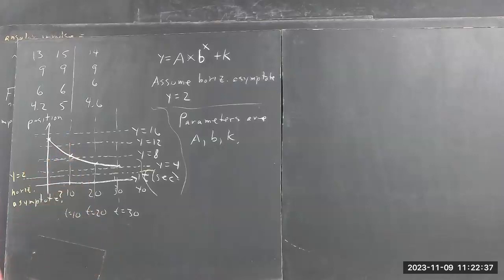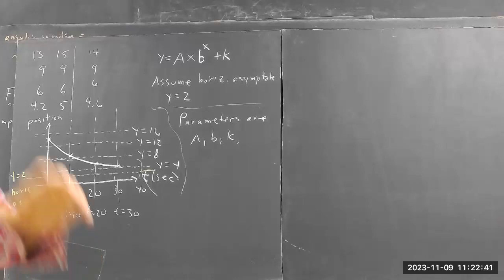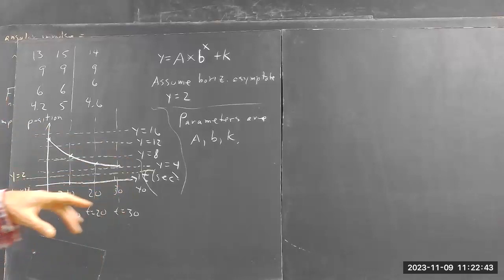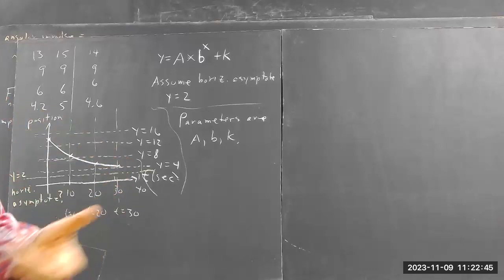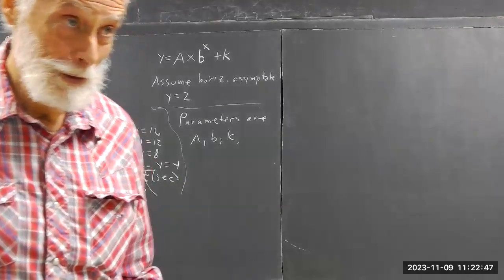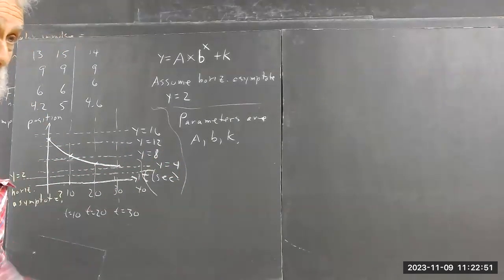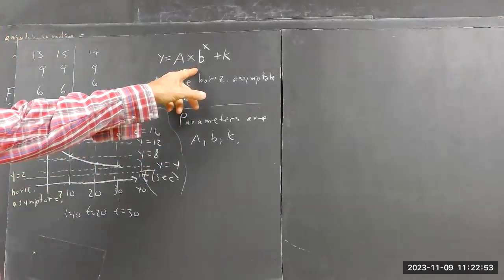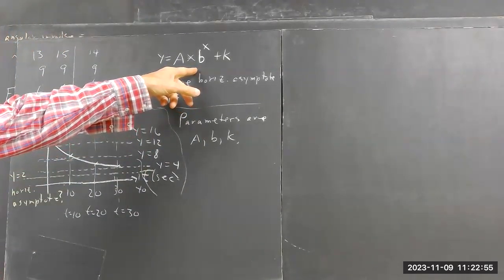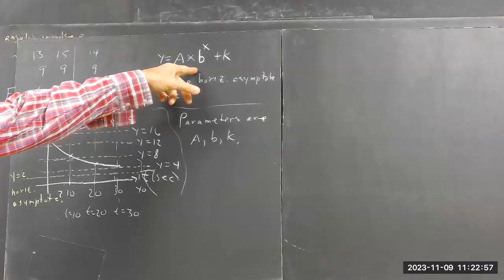Hey, well, now I think I can trust one of you. It's all right. From the first section, and go back and review it if you need to, if we have a decreasing exponential, b's got to be less than 1.